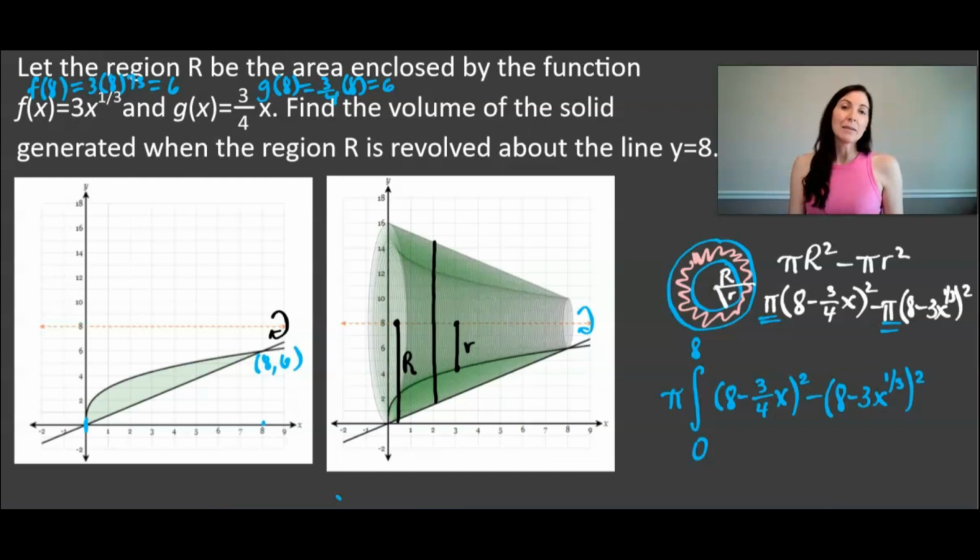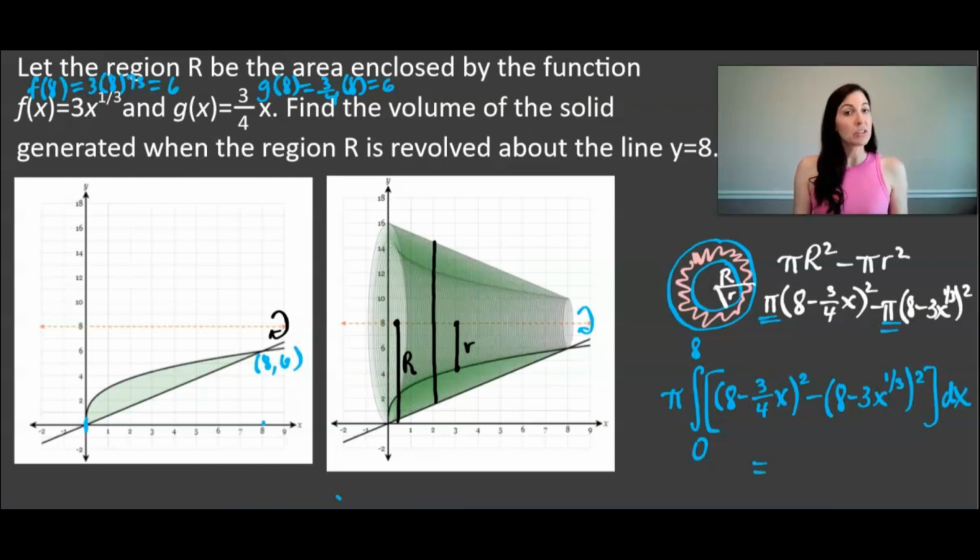And because I am summing up an infinite amount of these cross sections that are washers between 0 and 8, and the cross sections run vertically, this is going to be a dx problem, which absolutely makes sense because the variable that I have used already is x. dx represents that thin width of each washer.